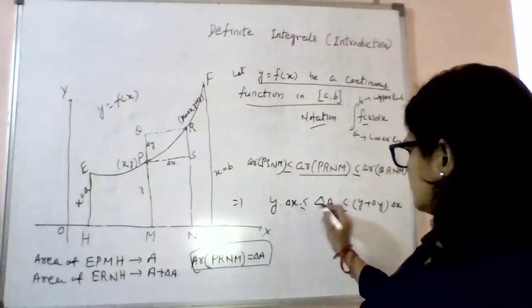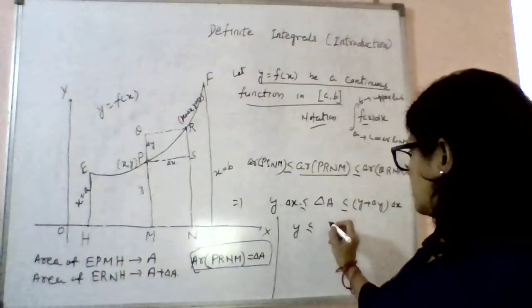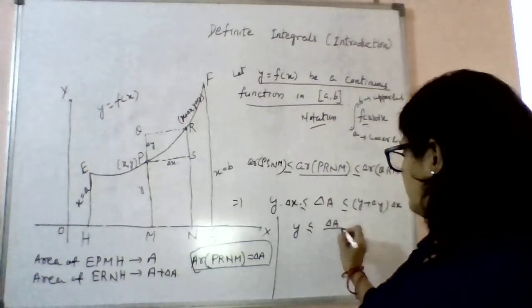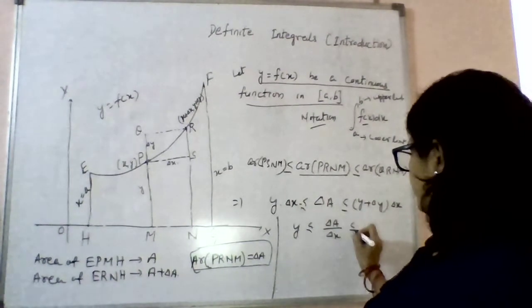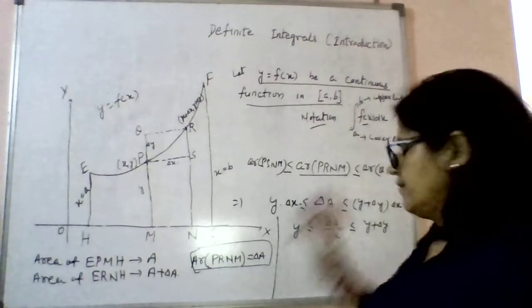Now dividing throughout by delta x, you have y less than or equal to delta A by delta x, which is less than or equal to y plus delta y.